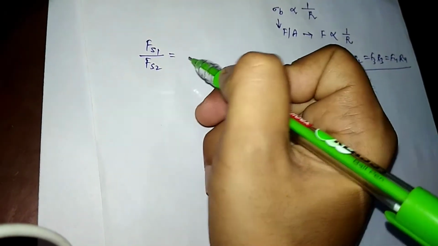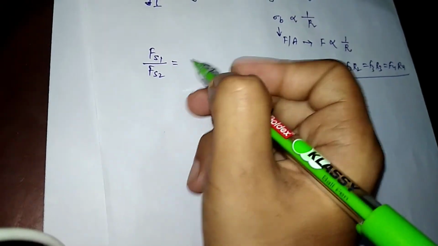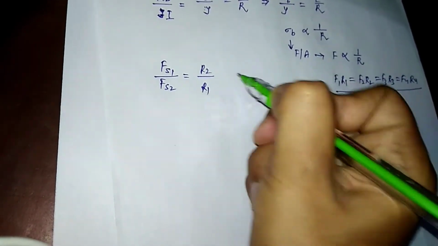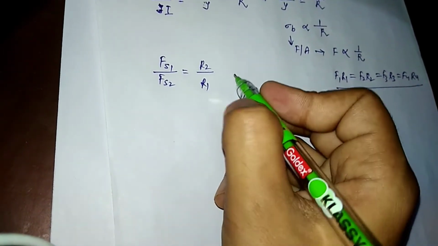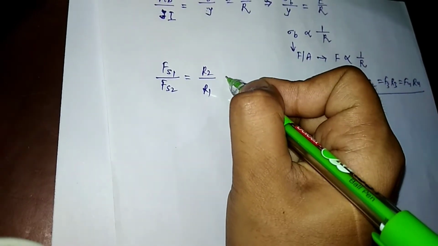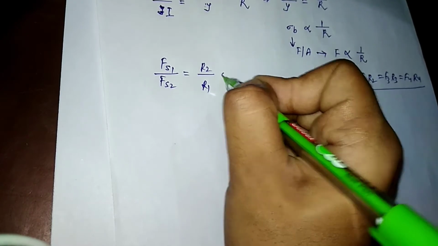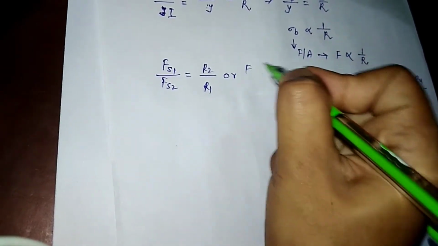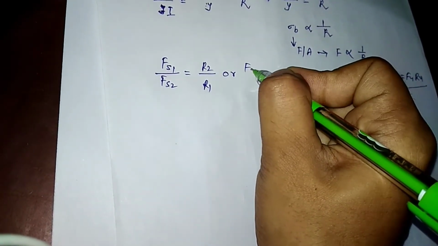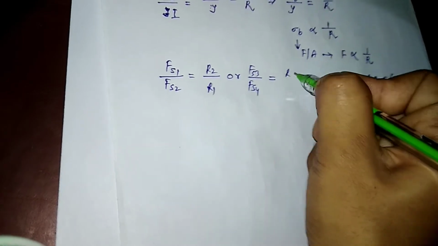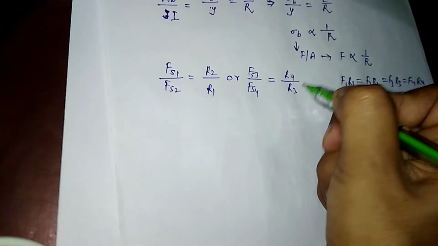So we can write from here Fs1 upon Fs2 is equal to R2 upon R1, or Fs3 upon Fs4 is equal to R4 upon R3.